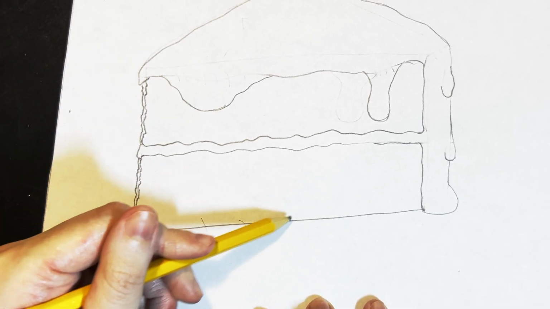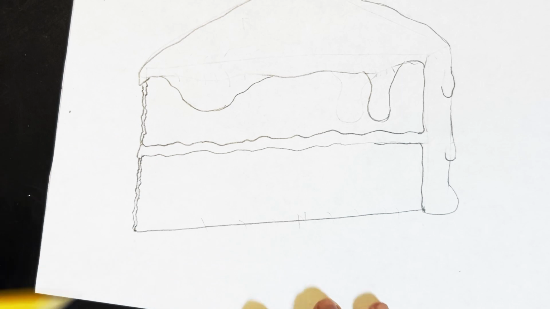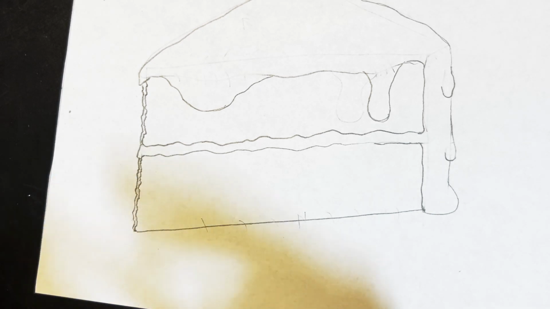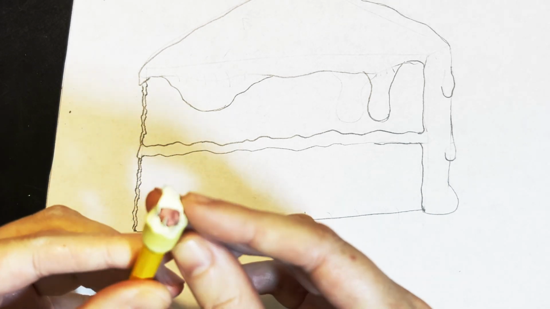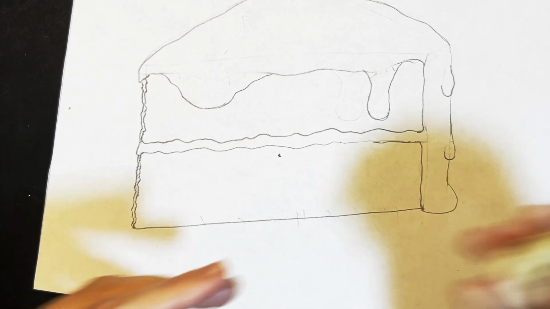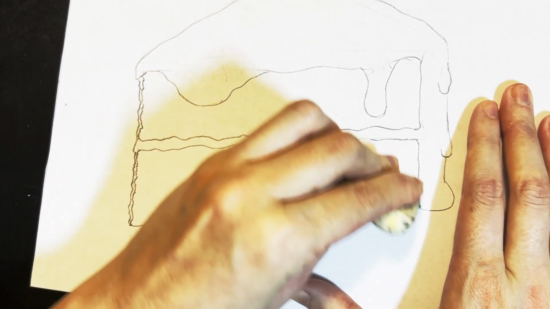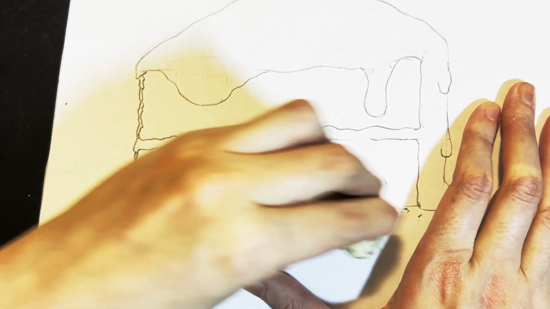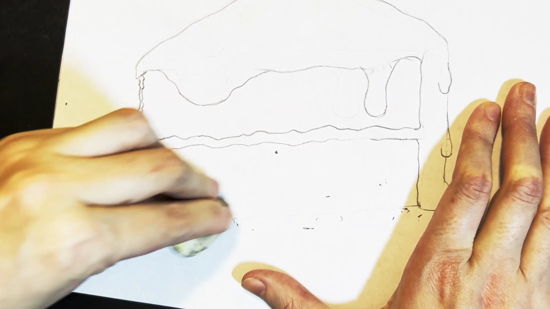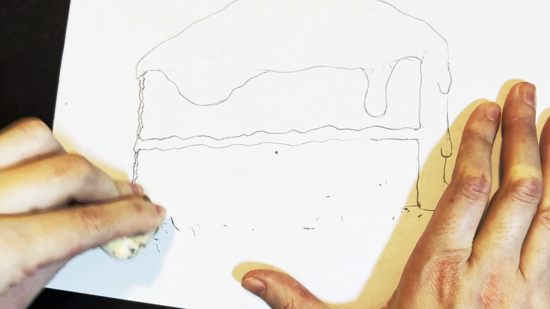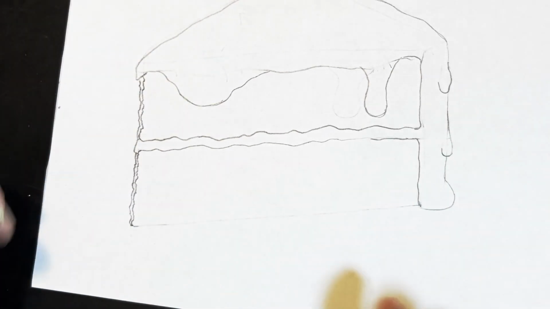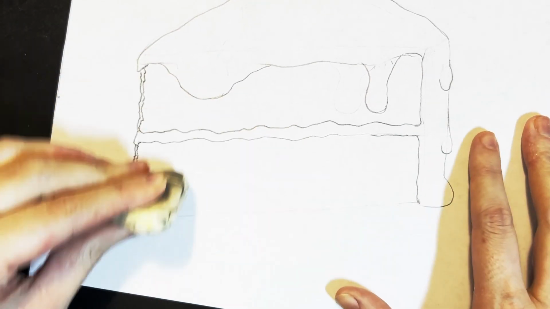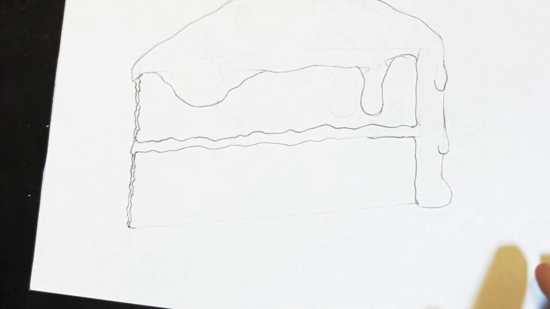Let's erase out this bottom line. I've really done a job on my eraser here. Let me try my other eraser. Let's erase out. And I drew it very heavy, so you can still see where the line was.